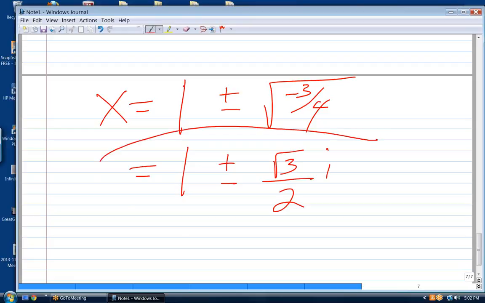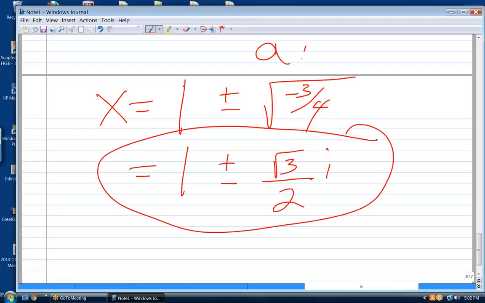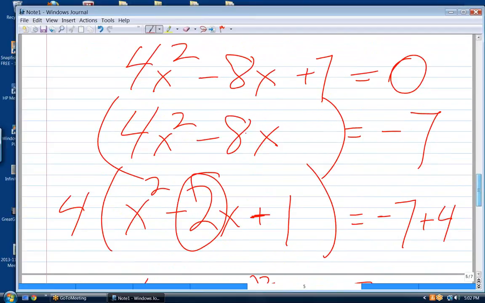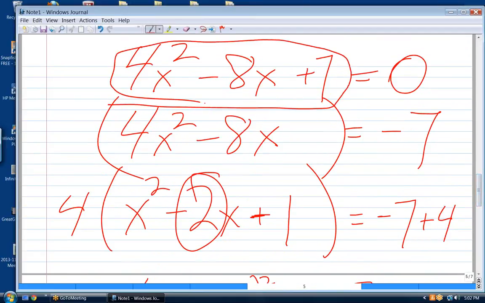And now I have it in a plus bi format, which they always wanted. So my answer is 1 plus square root of 3 over 2 i and 1 minus square root of 3 over 2 i. Which means there were no real solutions to this problem that I made up. Only imaginary solutions. There's no real value of x that makes that equation true.